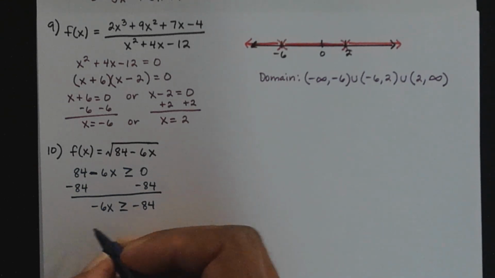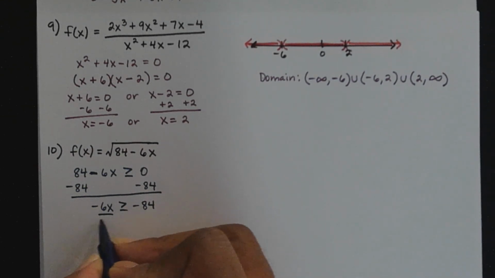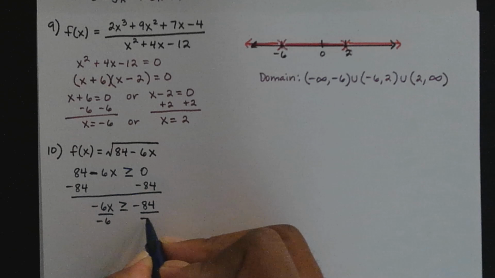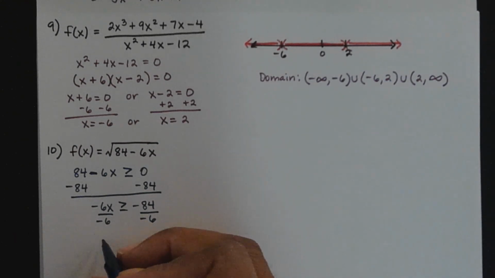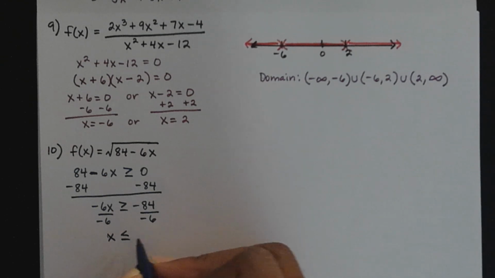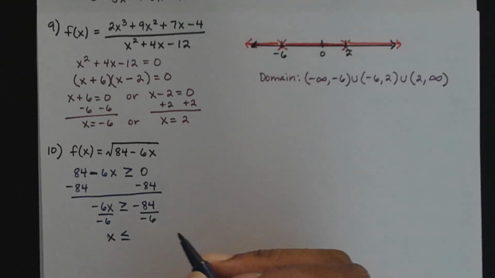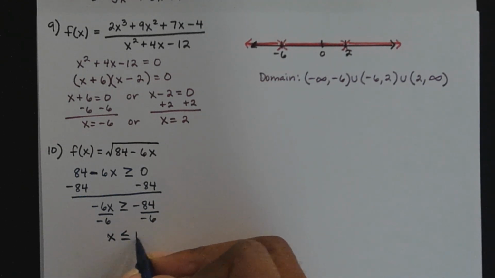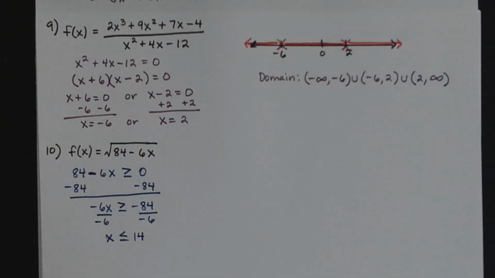And then what's next? Divide by negative 6. But what's going to happen to this greater than or equal to symbol? We're going to flip it to less than or equal to. So x is less than or equal to what? 14. Okay. So that would be the solution set.